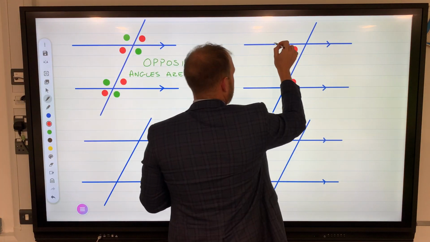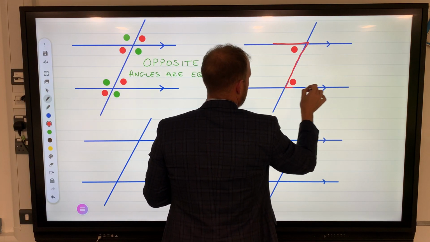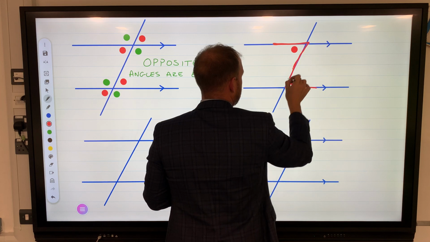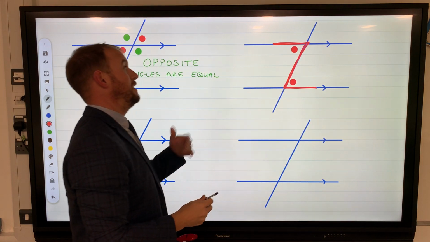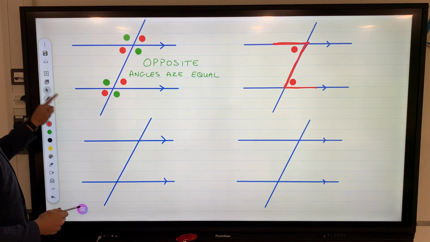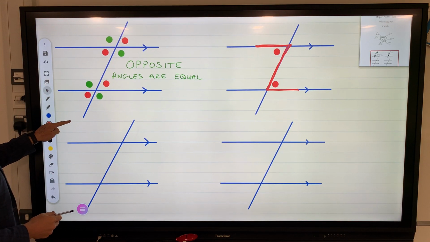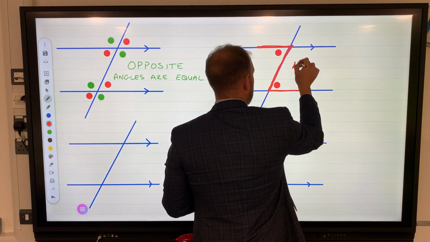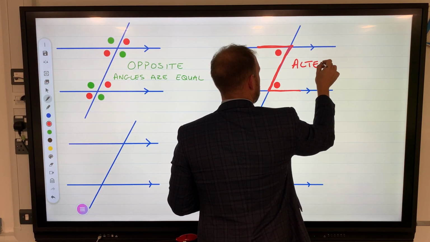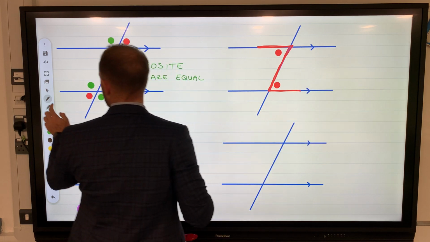And if I just go over the top of here, you can see the letter Z. Okay, and those of you that have seen these before know them as Z angles, but the proper name for it is an alternate angle. Okay, now alternate angles, let's make that a little bit thinner.